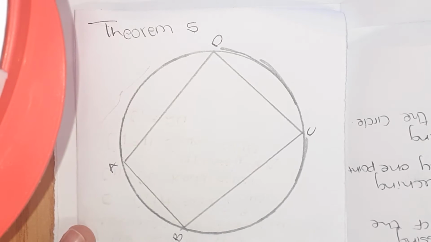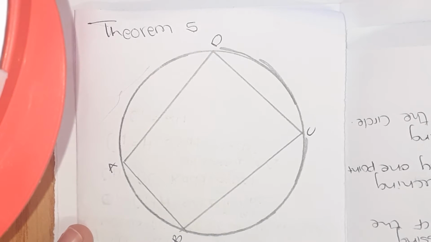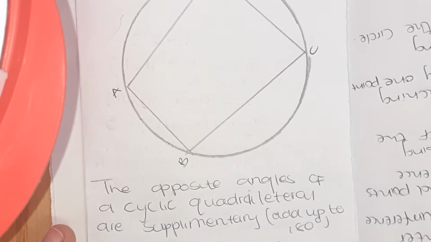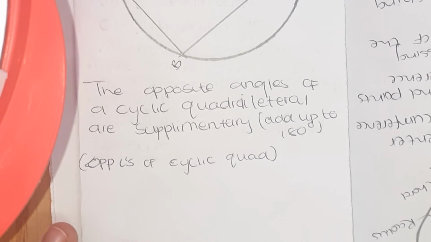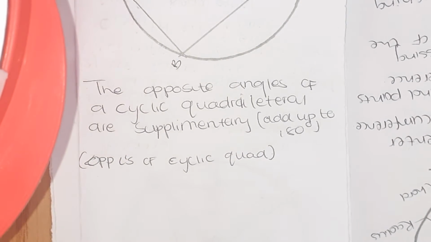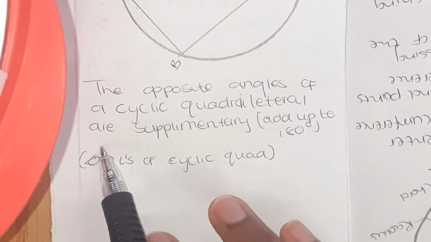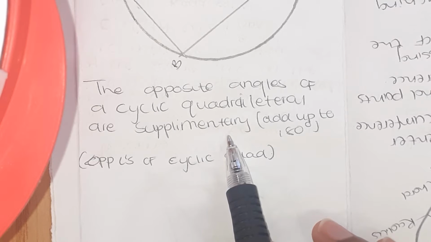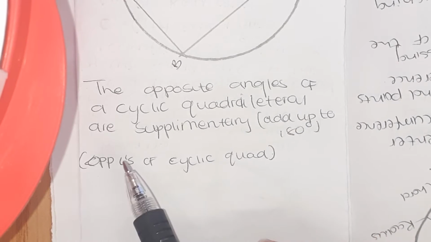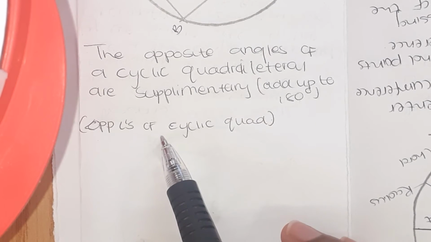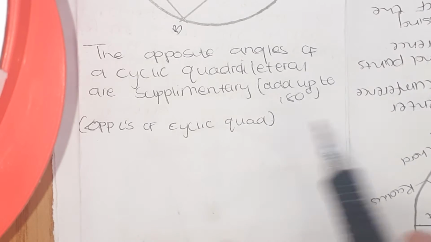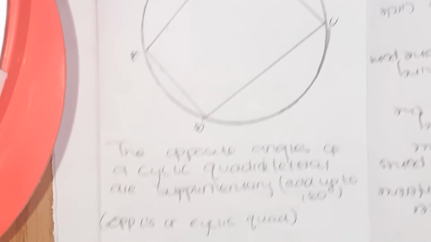All right, now here we have theorem 5, and what theorem 5 says is that the opposite angles of a cyclic quadrilateral are supplementary, which means they add up to 180. So we'll say opposite angles of a cyclic quadrilateral when you write it as a reason.